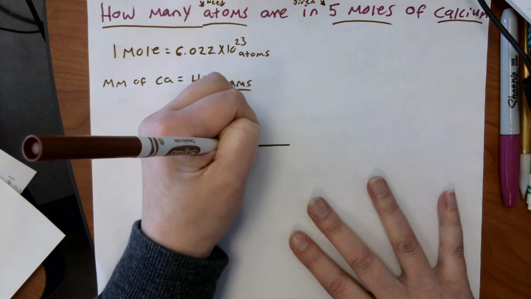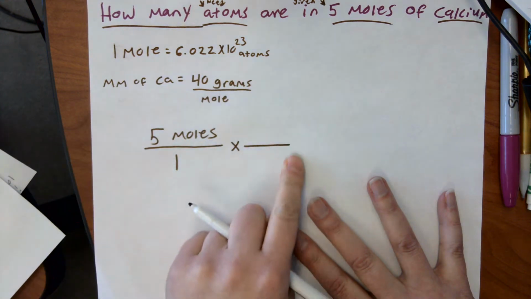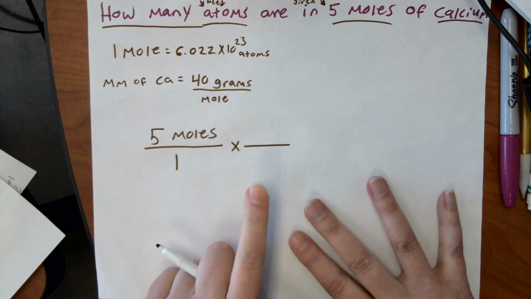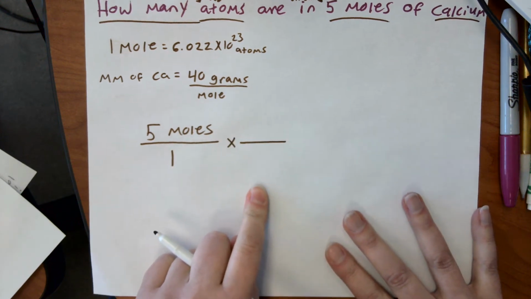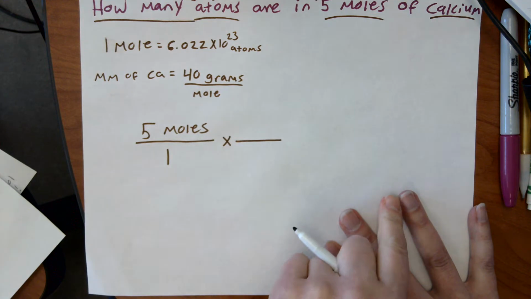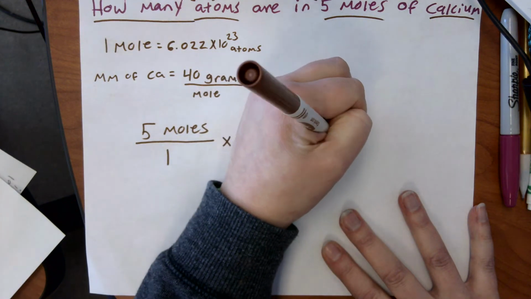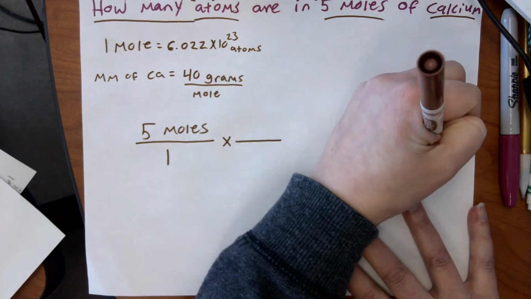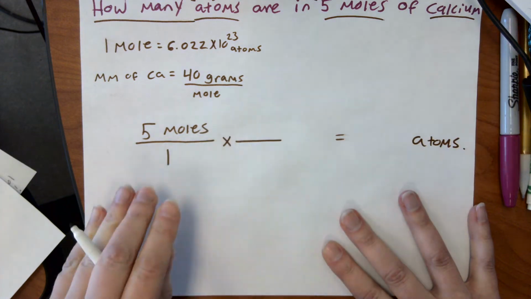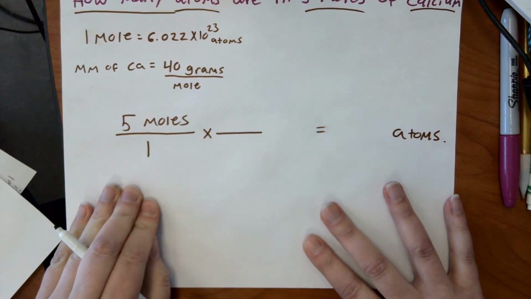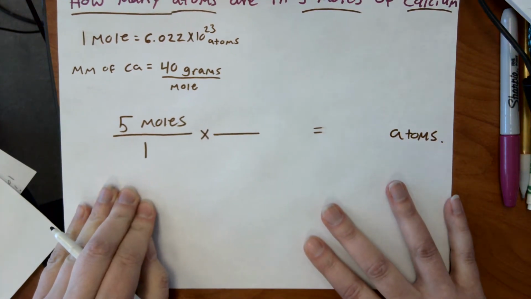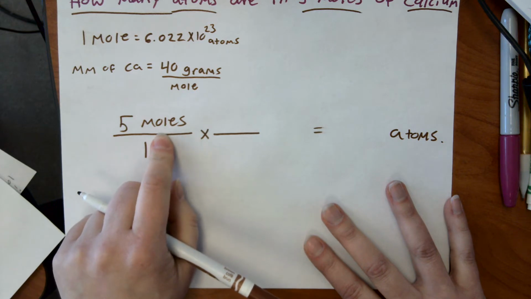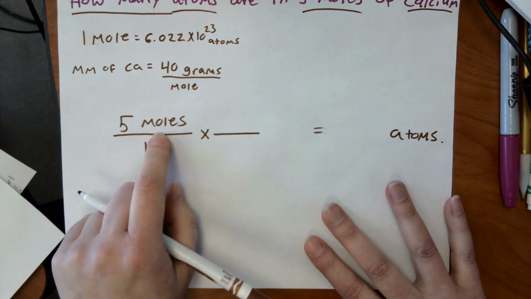And then obviously the conversion equation has at least one of these extra pieces to get from what you have to what you need. And what you need at the end is atoms. Okay? And moles is something we want to get rid of, right?